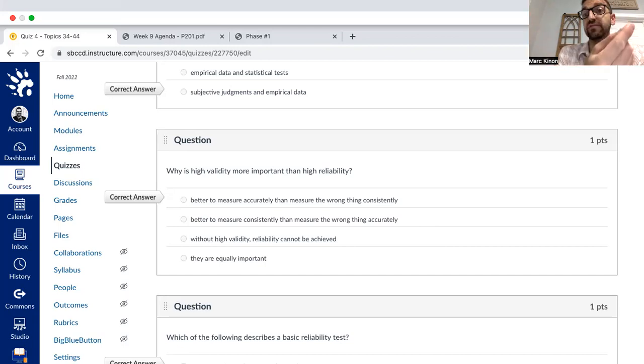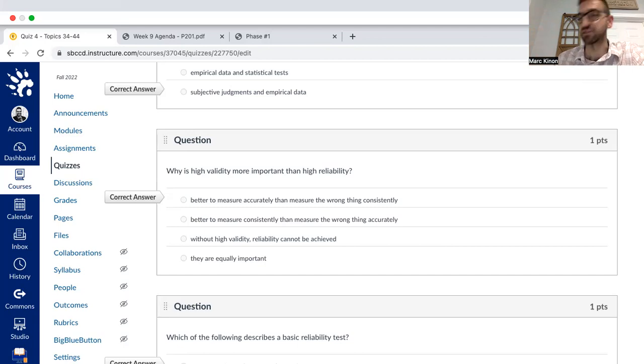So once again, high validity, low reliability means it's actually measuring what it's supposed to measure, which is weight, but you don't get the same score all the time. But let's say you take the average of all your weights, then it's your true weight. That's the way I like to think about it. Low validity would mean you get on the scale and for me it would say like 100 pounds.